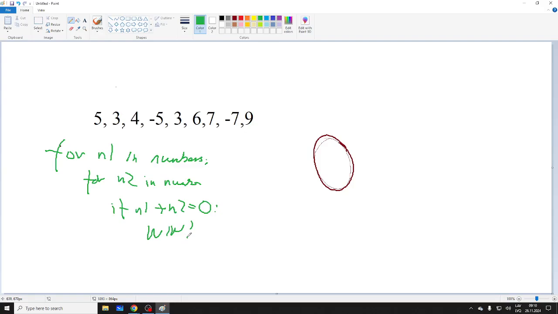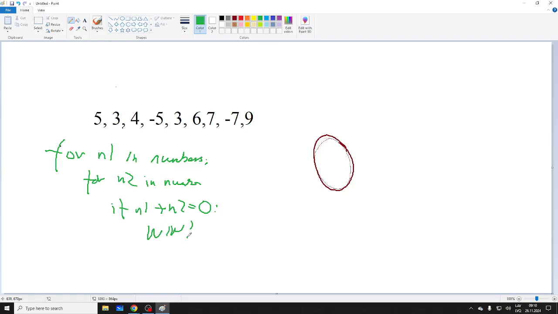But maybe it's doable. If you have a billion numbers, that's not going to be doable. Billion times billion, what is that? A quintillion, I guess. Not something that's going to be done in our lifetime.